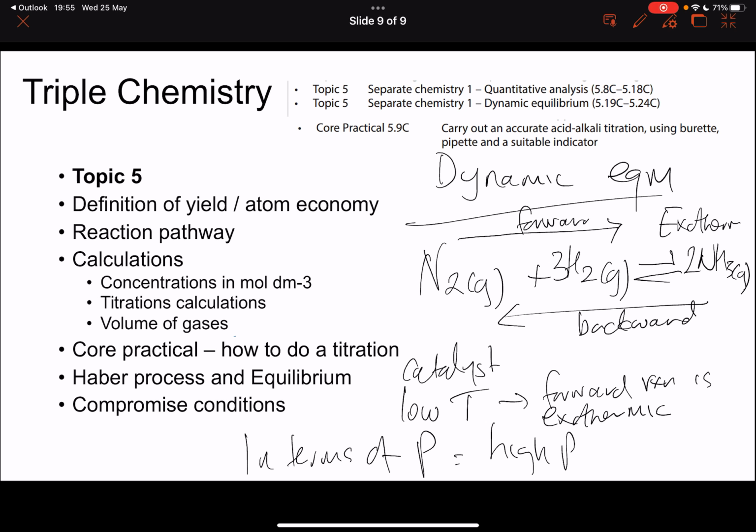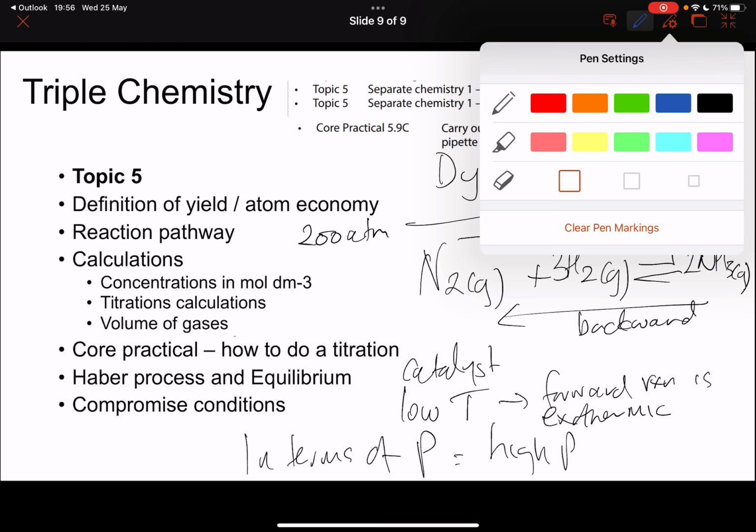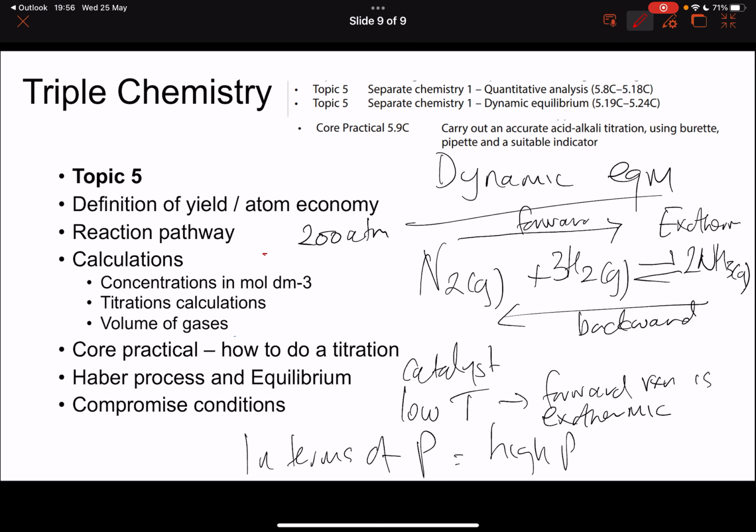And the problem with low temperature is the rate of reaction is slow. So we reach a compromise, and the compromise for this reaction is a pressure of 200 atmospheres and a temperature of about 450 degrees and an iron catalyst, and in these conditions we get a really good yield. Eventually we get about 95% yield in a good time.